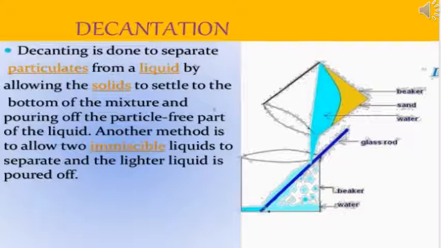Oil and water both are liquid but they do not mix together. We can see the separate layers of both oil and water. So, in such conditions too, the decantation process is used. So, decantation is used when we tilt the vessel and pour off the particle free part of the liquid into another vessel.